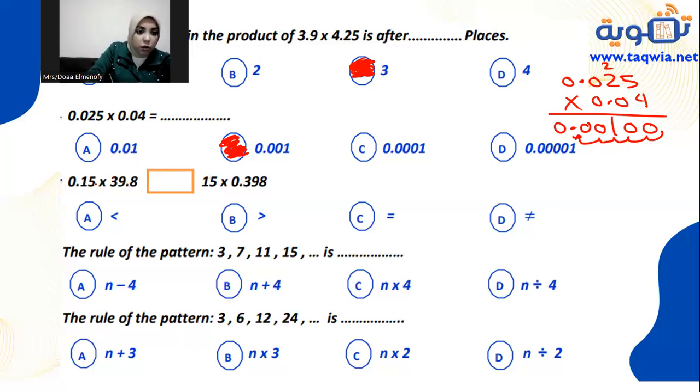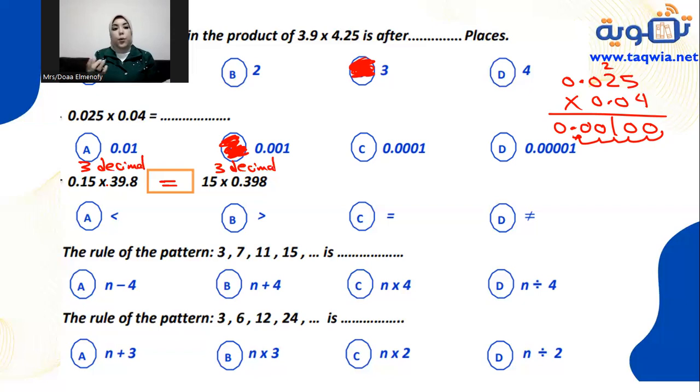Here we have 3 decimal places, and here also 3 decimal places. They have the same decimal places, so they are equal. This is in case we have the same digits but the position of the decimal point is different, so for this reason we can use this method.